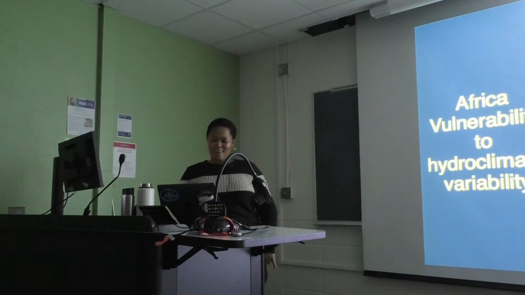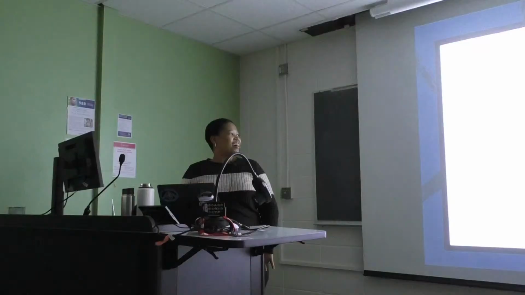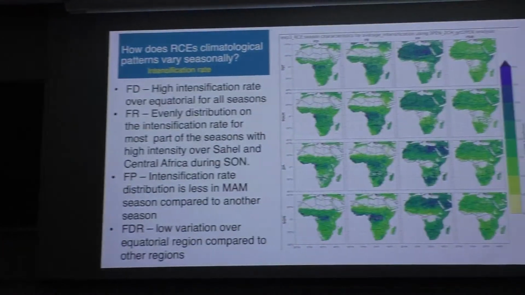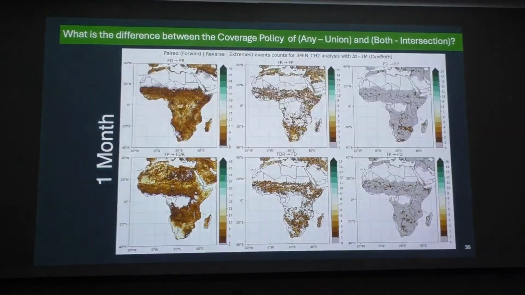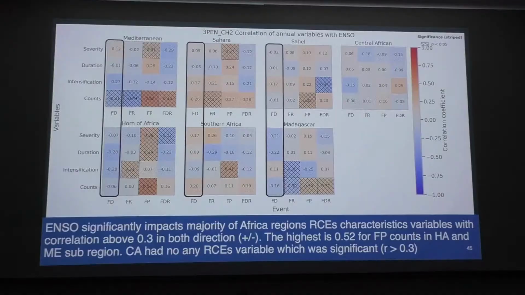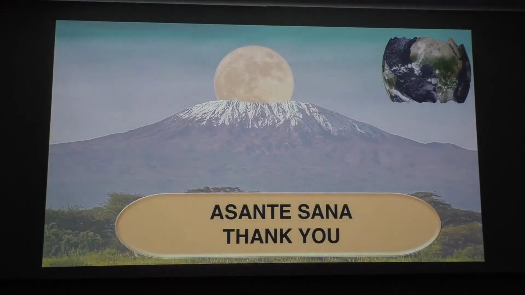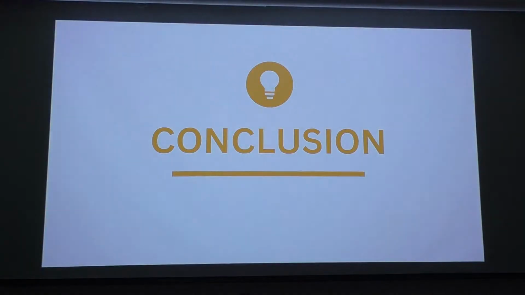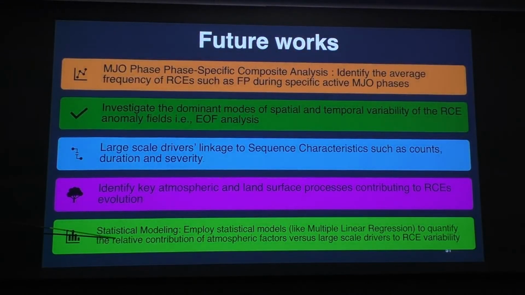That's why I have all these... the last statement, like statistical modeling, employs a statistical model like multiple linear regression to quantify the relative contribution of atmospheric factors versus large-scale drivers.